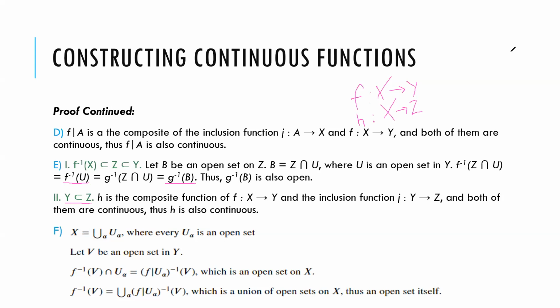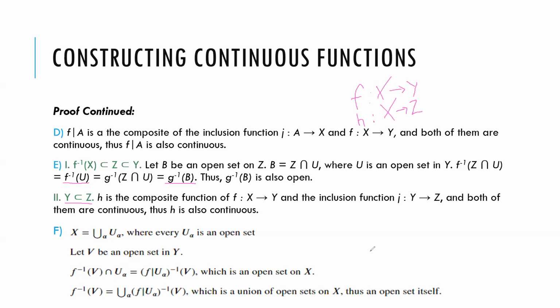So we can construct X as the union of all sets U alpha, where U alpha is an open set in X. And then if V is an open set in Y, the intersection between the inverse image of V and U alpha would equal the inverse of F of V when the domain is limited to U alpha, which is an open set in X.